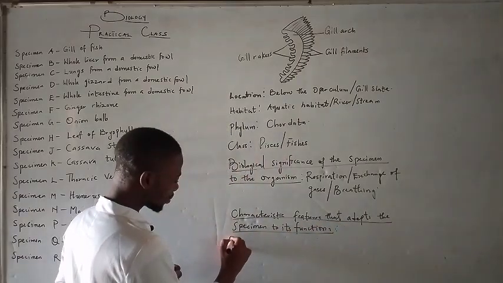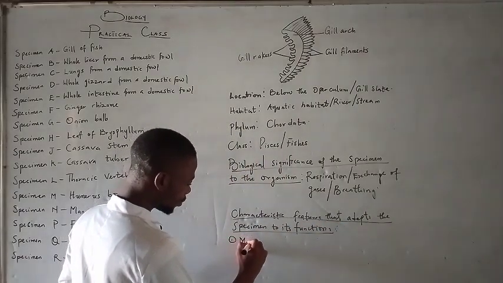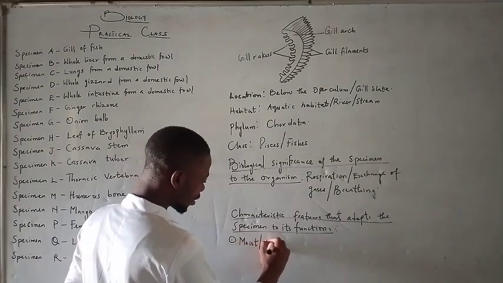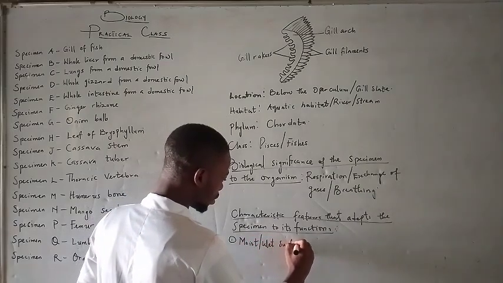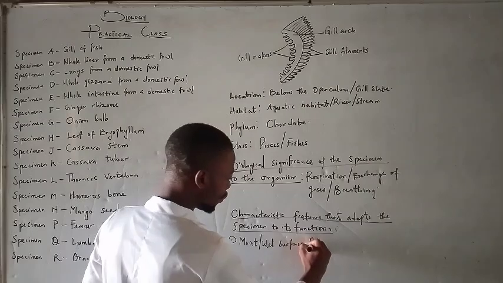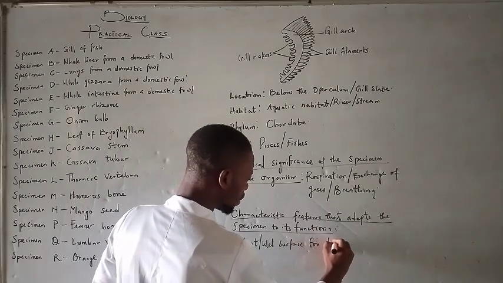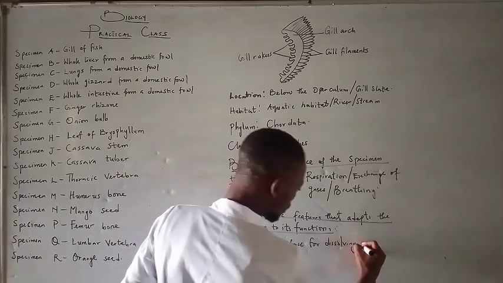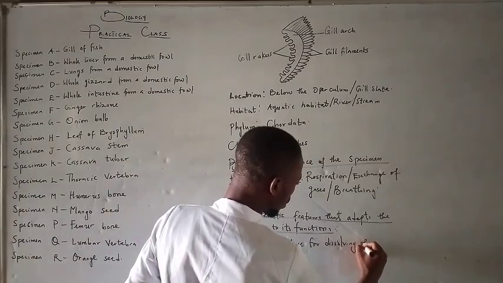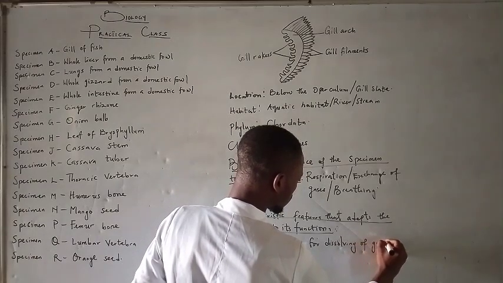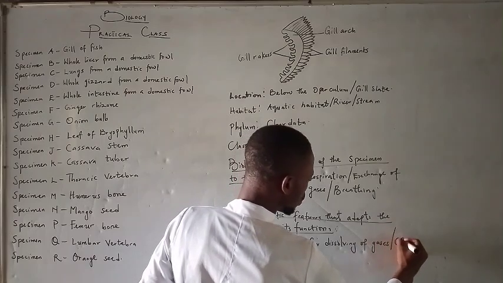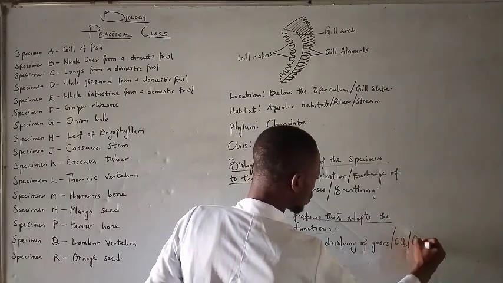Number one is moist or wet surface for dissolving of gases, e.g. CO2, oxygen.